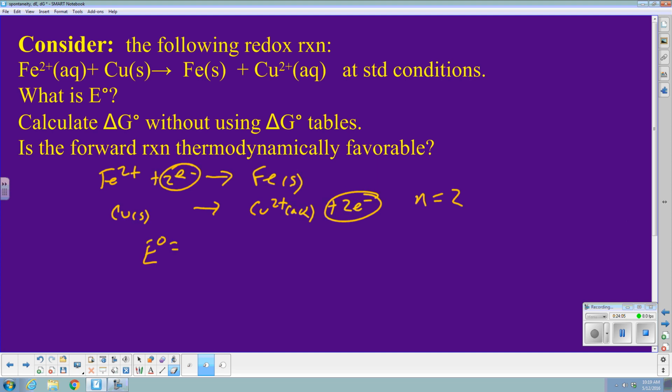So I need to calculate my E. So my E is going to be equal to what? Well, it's going to be my standard reduction potential of my reducing species. What is reducing? Iron. So I need my standard reduction potential for my iron minus my standard reduction potential for my copper 2 plus. Good. So let's go back and find those.